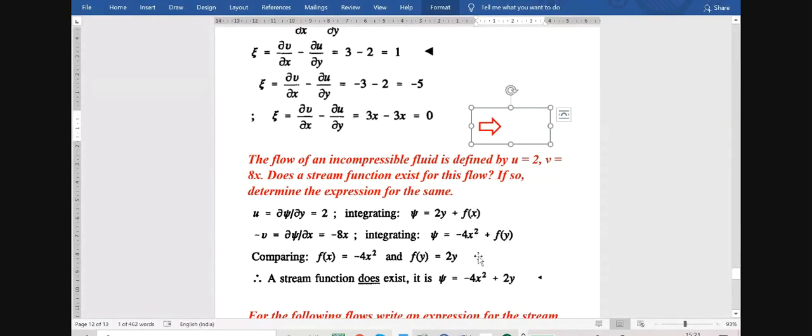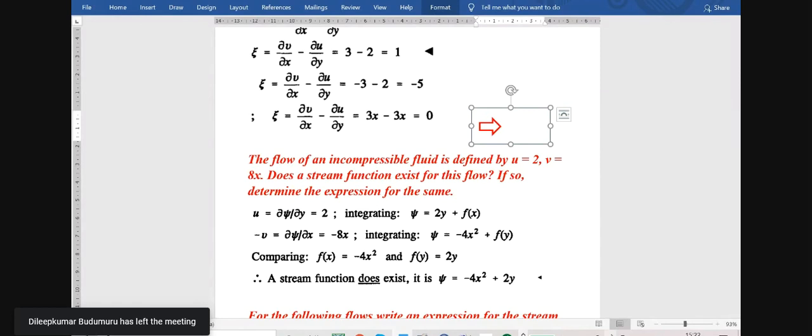If you replace this function of x by this, and this by this, you will get f(x) is equal to minus 4x² and f(y) is equal to 2y, and therefore a stream function does exist, and it is ψ is equal to minus 4x squared plus 2y, right? Now, I can also say that ψ is equal to minus 4x squared plus 2y plus or minus a constant.